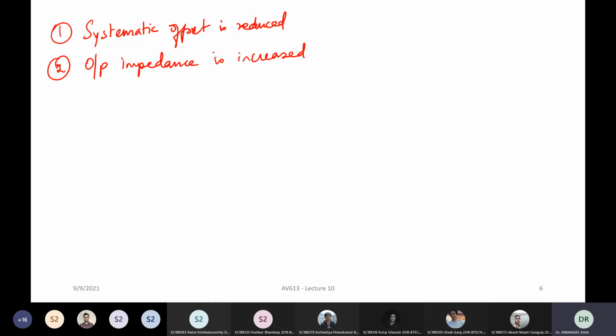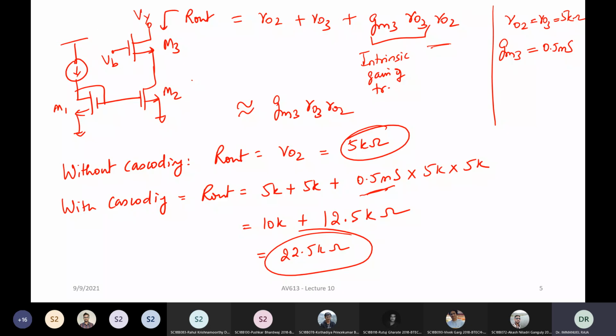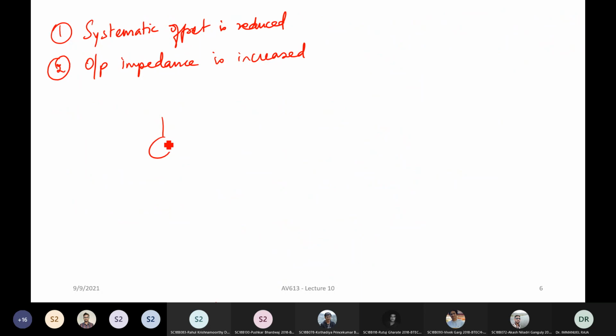Any engineering solution, if it has some 10 positive points, will have at least 1 or 2 serious negative points. Okay. Now, can you look at this circuit and think of some negative point here? What do you think could be a possible disadvantage of using this particular technique?